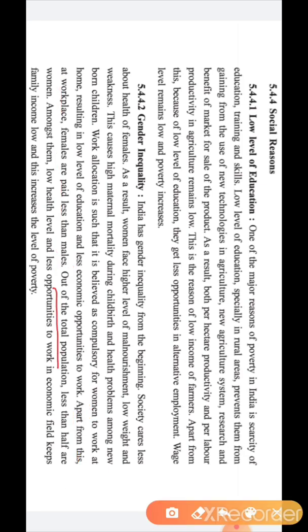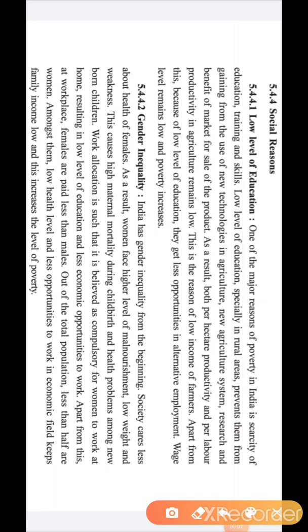Out of the total population, about half are women. Amongst them, low health levels and fewer opportunities to work in the economic field keep family income low, and this increases the level of poverty.